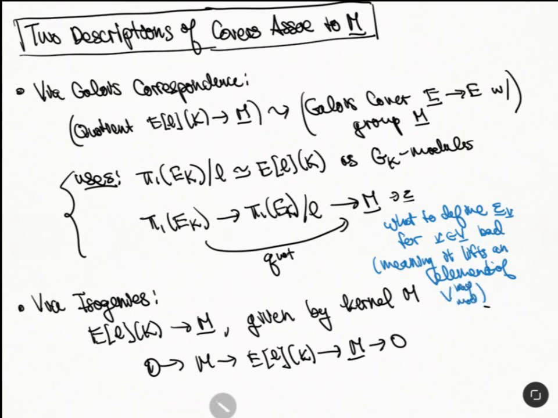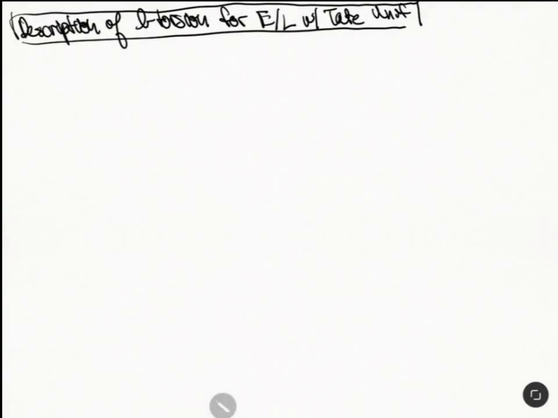This was a distinguished collection of places of the field of moduli where it had bad reduction. It had to be non-empty and not equal to 2, but it could be just one place, and that's a good case to think about.